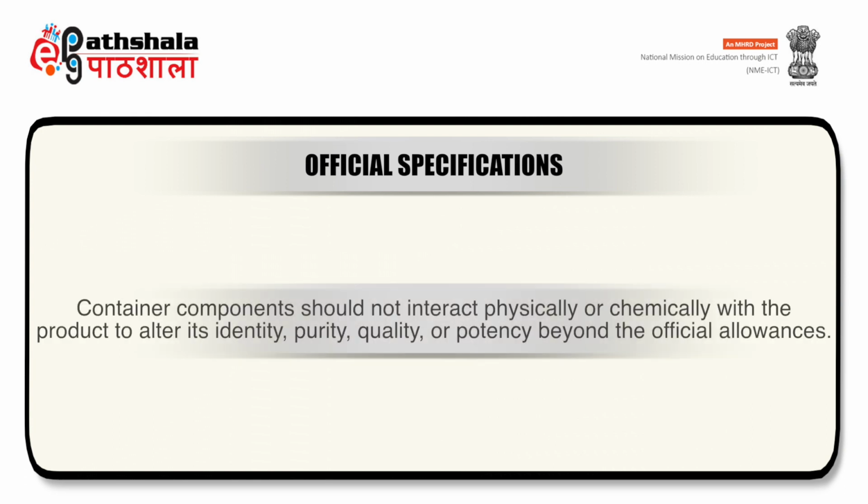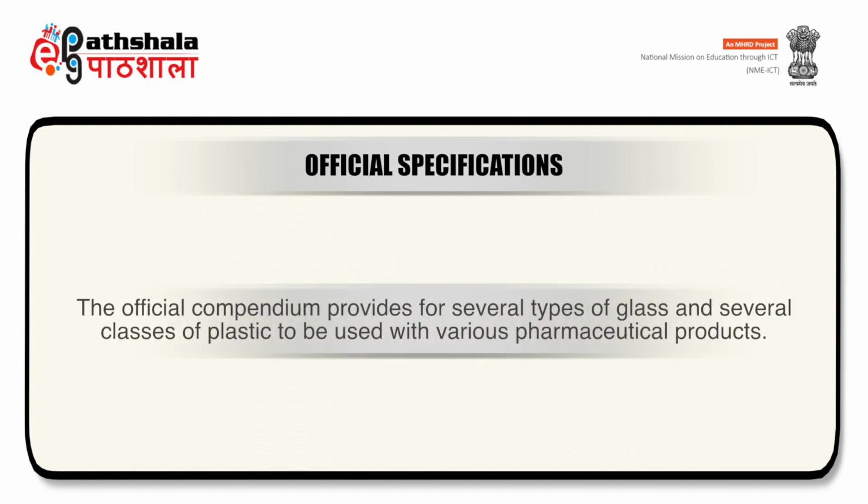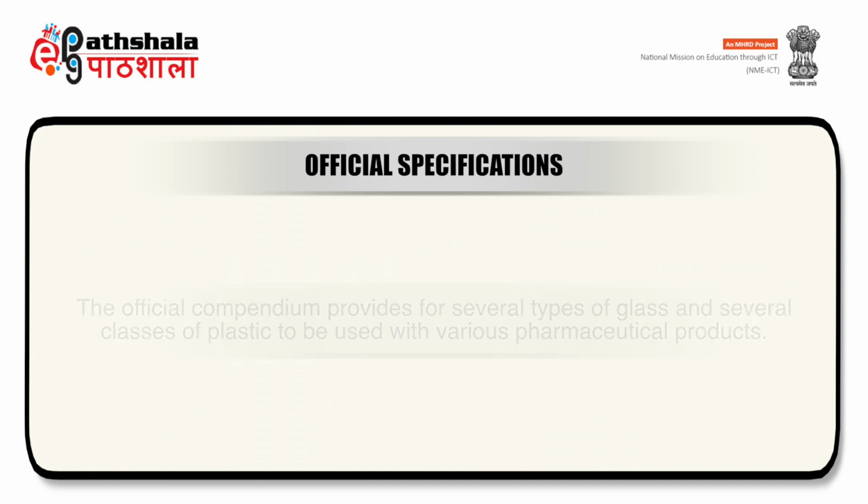Container components should not interact physically or chemically with the product to alter its identity, purity, quality or potency beyond the official allowances. Usually, the major component of the container is glass or plastic. The official compendium provides for several types of glass and several classes of plastic to be used with various pharmaceutical products.